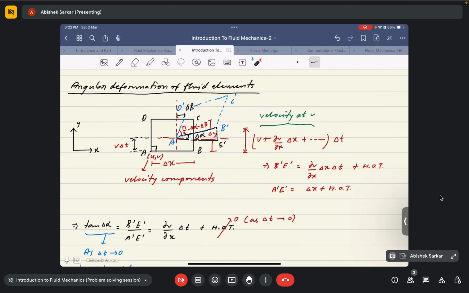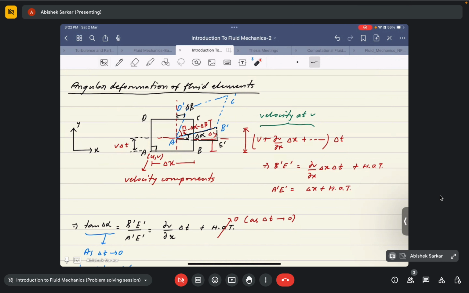Then the displacement of point A to A dash along the y direction is given by v delta t. And if along the x-axis, it will simply be u delta t. But since we are interested in the displacement along the y direction, this displacement, say B E dash, is given by v delta t.